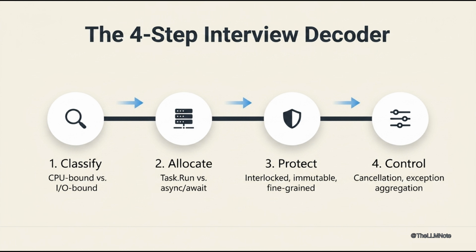Control: link cancellation tokens, aggregate exceptions with Task.WhenAll, maintain context awareness. This structured approach eliminates hesitation, impressing interviewers with methodical clarity. The decoder is repeatable, allowing candidates to tackle any concurrency question systematically.